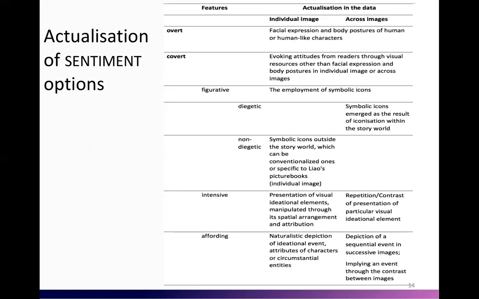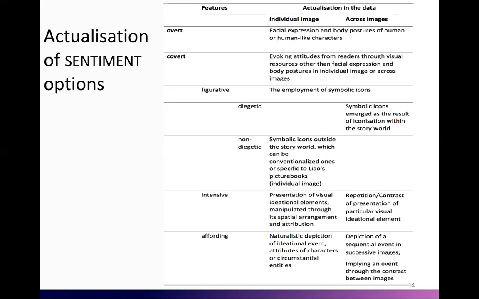Figurative refers to the employment of symbolic icons in the images, and the icons could be within the story, which is called diegetic, and there could also be symbolic icons used outside of the story, which is called non-diegetic. And we can also see the presentation of visual ideational elements manipulated through spatial arrangement, which is called intensive.